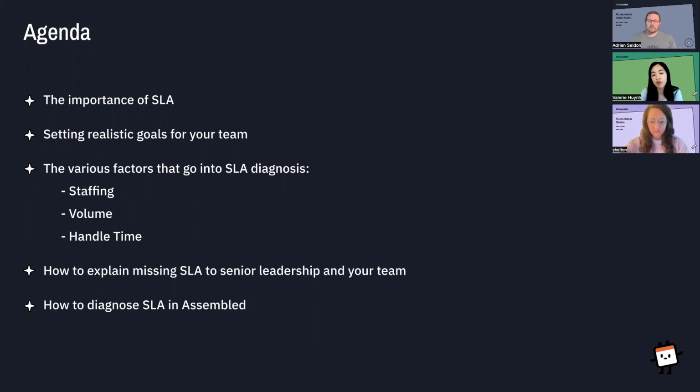Secondly, we will be looking at the various ingredients that go into an SLA diagnosis, looking at staffing, volume, handle times, and much more, and give you all a framework around how to approach this. We'll also be addressing that looming question about how to explain your findings to your leadership team. And then lastly, we'll be giving a brief overview of how to diagnose this in Assembled itself.